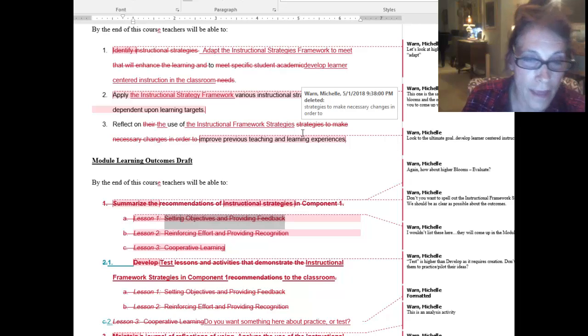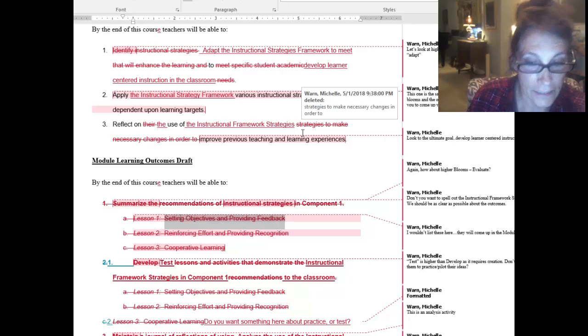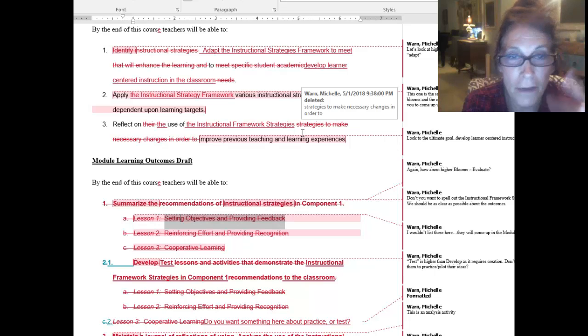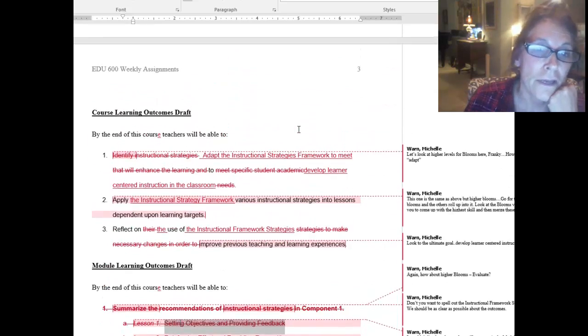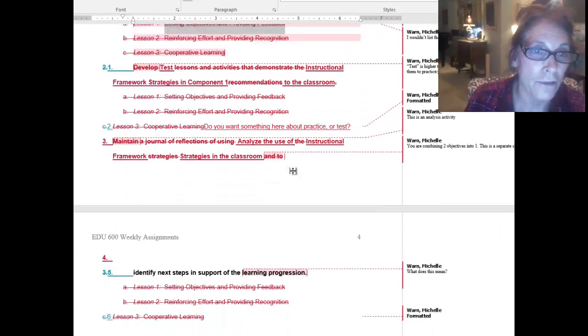So again, it's what are they, define them, explain them, and then adapt them. Adapt is a creativity Bloom's. Adapt them to lessons in the classroom. Pilot them, test them, and then evaluate how that went. Four objectives is kind of what I'm seeing, and I didn't see that fourth one until just now when I was talking you through it.